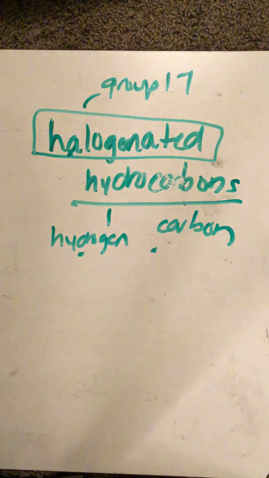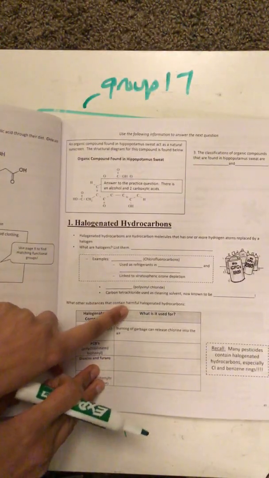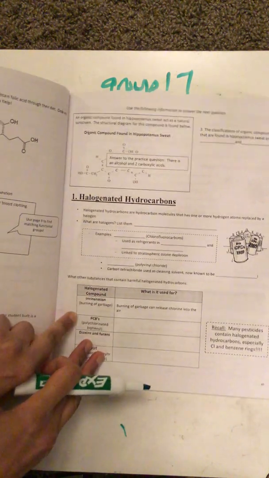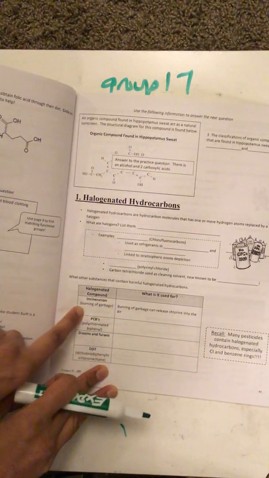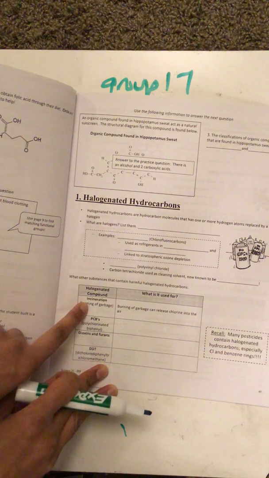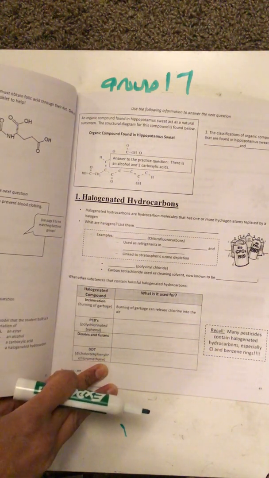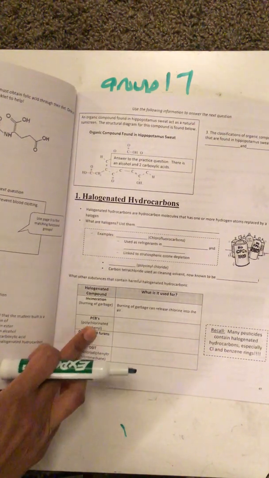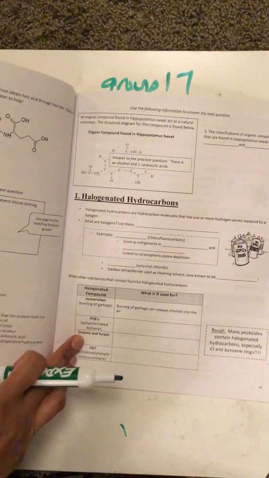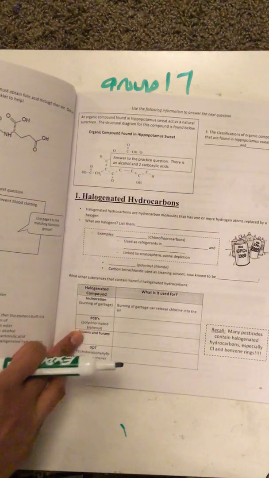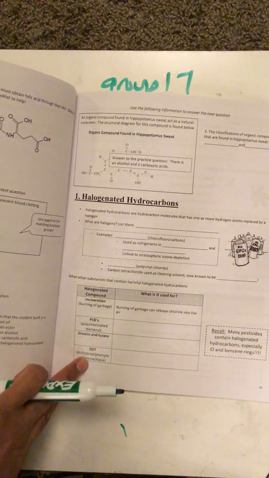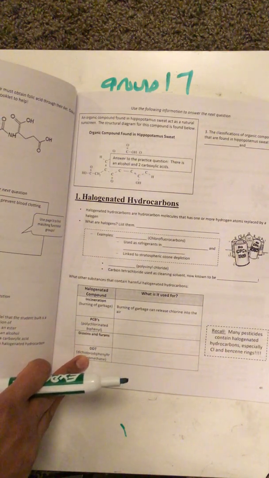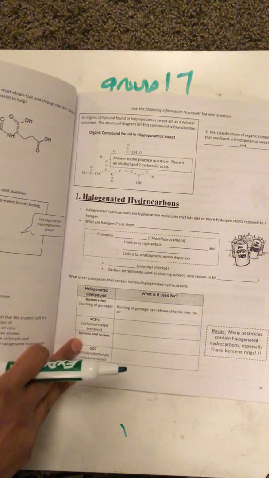When we name them, what is really important for you to know before I name them is what we use halogenated hydrocarbons for. Halogenated hydrocarbons are used when we burn garbage. They're found in PCBs, dioxins and furans and DDTs. We're going to talk about all these things.